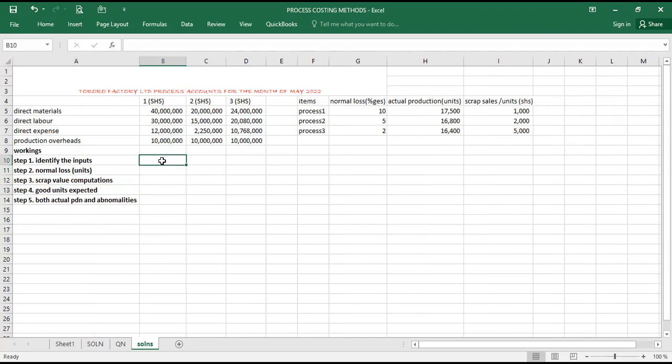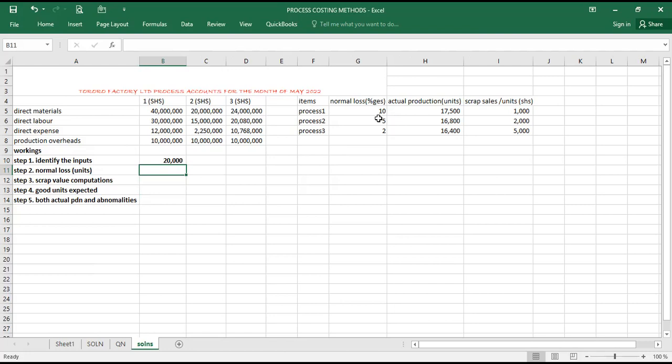We said the units we had were 20,000 units. But remember what our normal loss was. They said in process 1, we are expecting 10%. A normal loss is always on the input. You cannot compute a normal loss on the output because these normal losses are detected before even the production starts to take place.